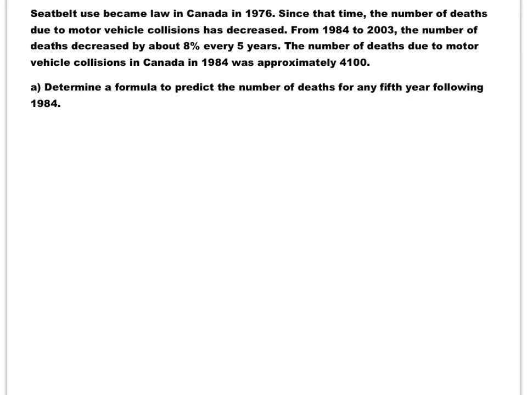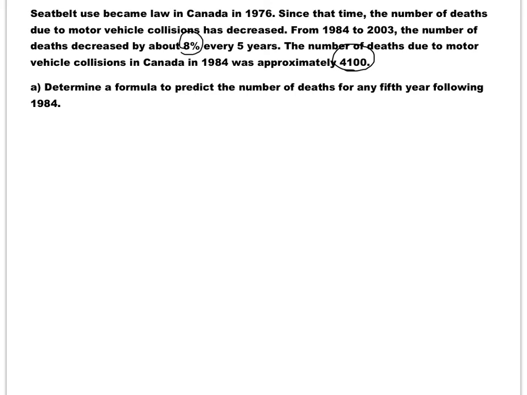The number of deaths in 1984 was approximately 4,100. So we know that we are dealing with a sequence. First, it is geometric, because every period it decreases by 8%.